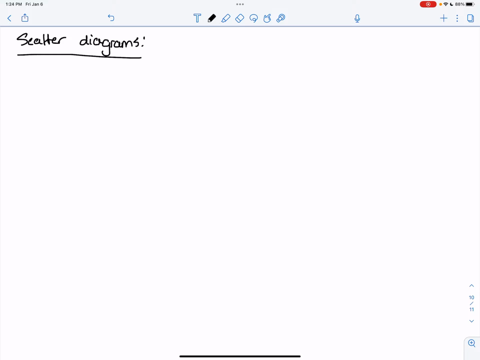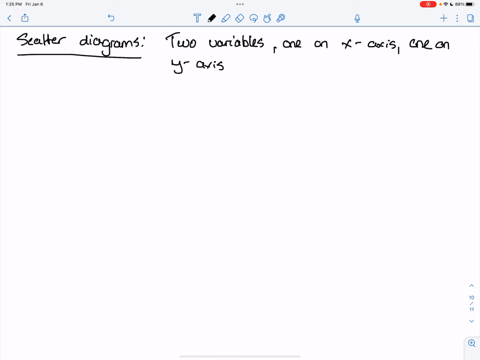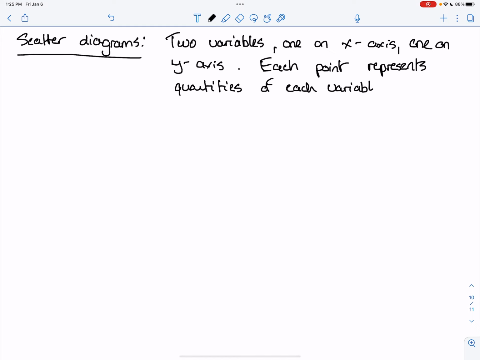A scatter diagram has two variables, one on the x-axis, one on the y-axis, and each point on the graph represents quantities of each variable for one observation.